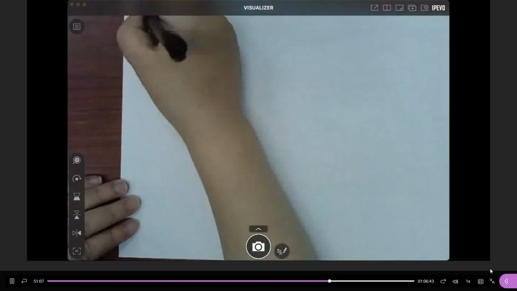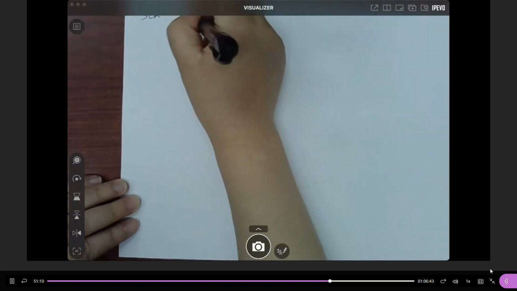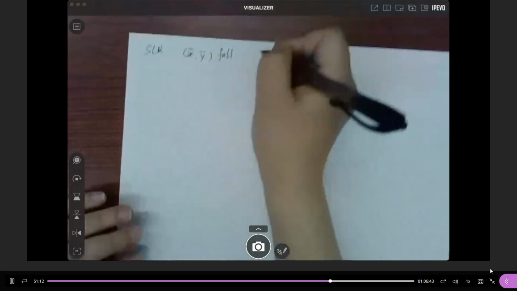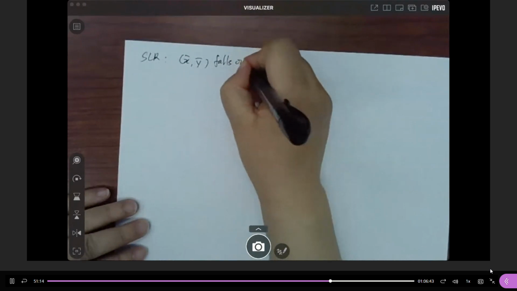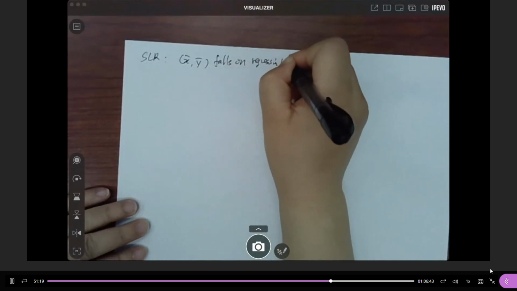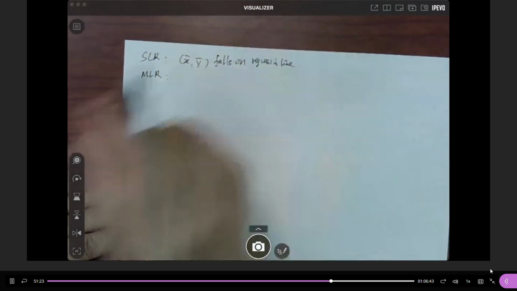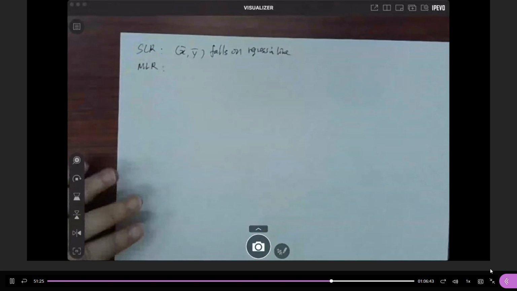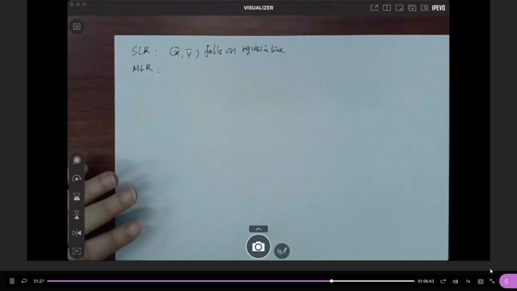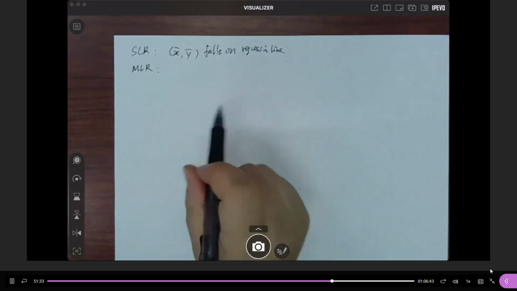What else? In simple linear regression, the point x bar, y bar falls exactly on the regression line. In MLR, is this still true? Remember, in simple linear regression, x bar, y bar falls exactly on the regression line.